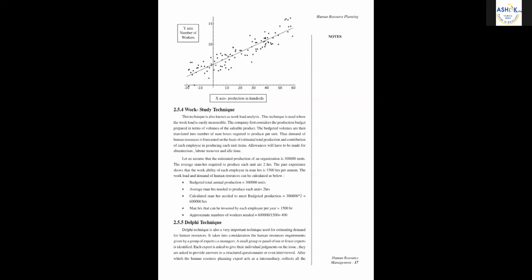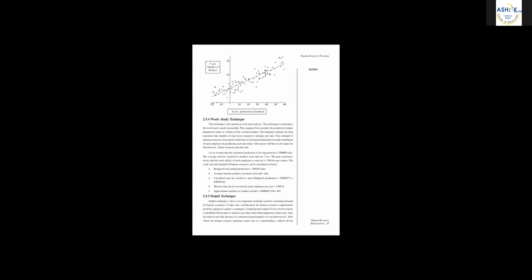Let us assume that the estimated production of an organization is 3 lakh units, and the average man hours required to produce each unit are 2 hours. Past experience shows that the work ability of each employee in man hours is 1,500 hours per annum. The workload and demand for human resources can be calculated as below.